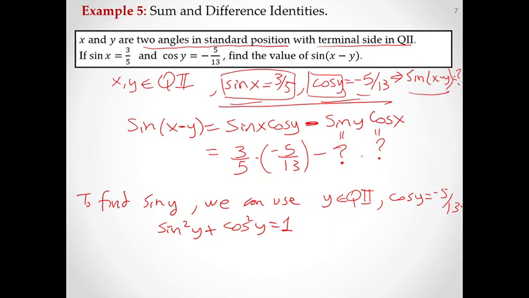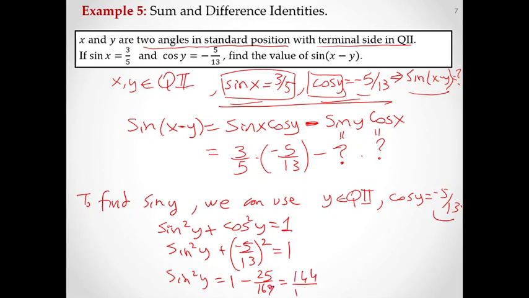And here, cosine y is negative 5 over 13 squared. Take the square, and then sine squared y is this. And after you do some calculation, you can get like this is 169 and this is 144 divided by 169, and you will end up with sine y is equal to plus or minus 12 over 13.